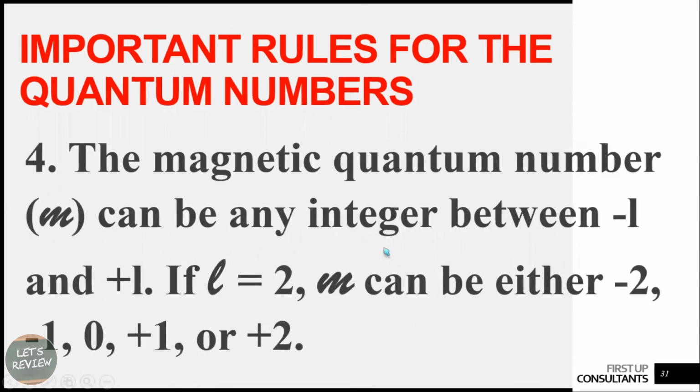And the fourth, the magnetic quantum number, can be any integer between negative L and positive L. If L, or azimuthal, is equal to 2, M can be either negative 2, negative 1, 0, positive 1, or positive 2. It should not be greater than 2.